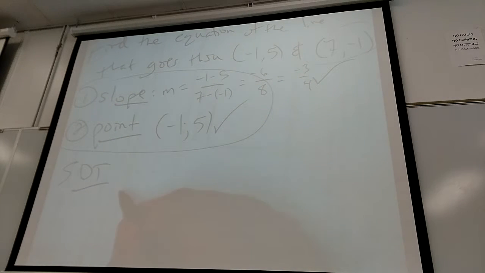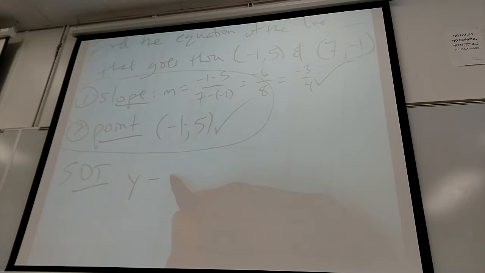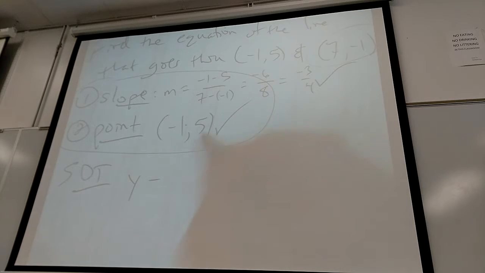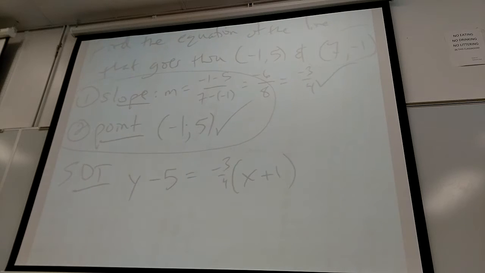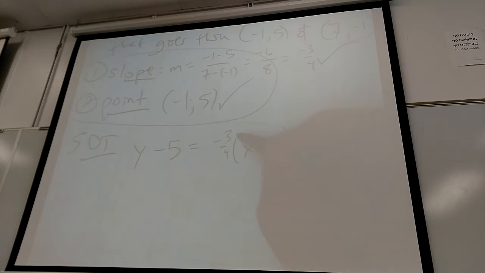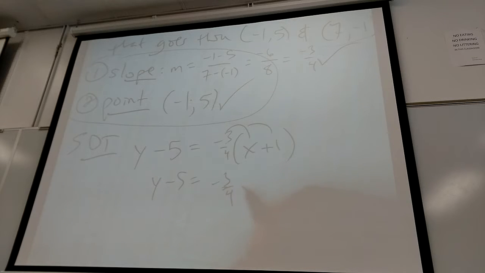So now I get y minus the y piece. The point I picked was this one. This is right. Equals m times x minus the x piece. Yeah, so it'll be plus 1 at the end, right? So now if you distribute, you get y minus 5 equals negative 3/4 x minus 3/4.